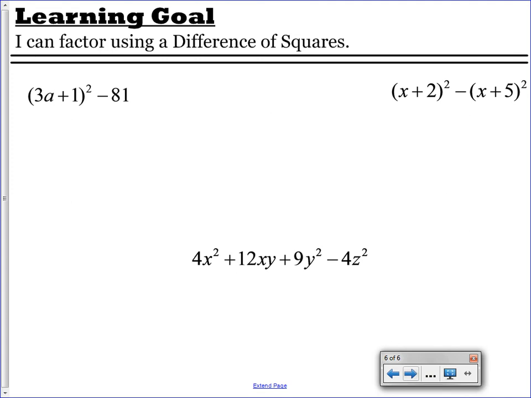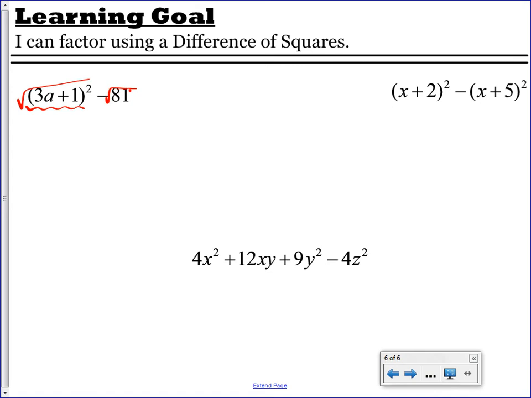Okay, now we get into some tricky ones. Again, you can consider this whole one here one term. This is one term. So I have a subtraction sign in between both. So I still take the square root of this, and the square root of this.